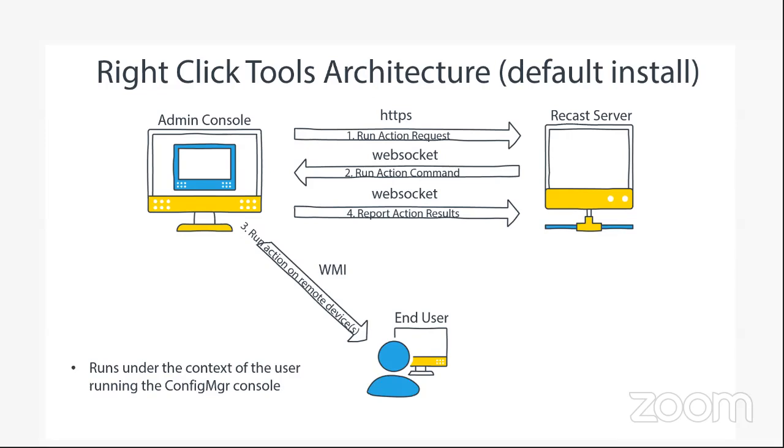So we haven't extended the right-click tools as far as the capabilities for reaching remote devices. Really, what we've added by adding Recast management server is our centralized permissions, audit logging, centralized license management, and settings management for right-click tools.